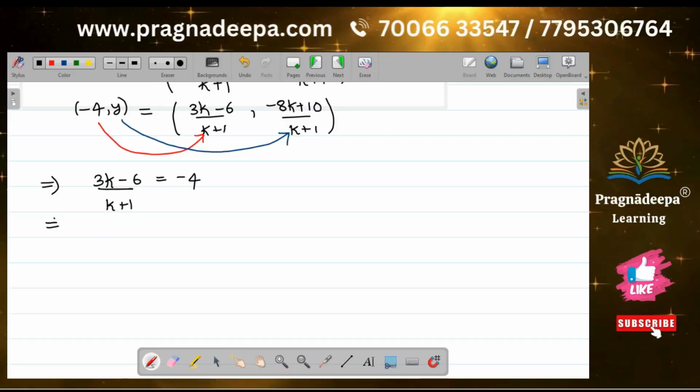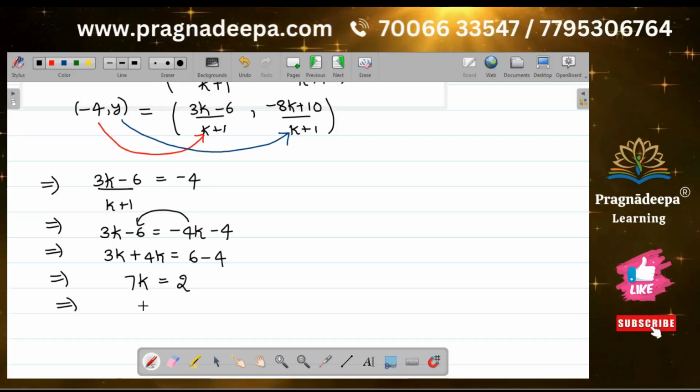If I cross multiply k plus 1 with minus 4, it will be minus 4k minus 4, which implies 3k plus 4k if I shift 4k to the left hand side, and if I shift minus 6 to the right hand side, it will be plus 6, 6 minus 4. So 7k is equal to 2, which means k will be equal to 2 by 7.